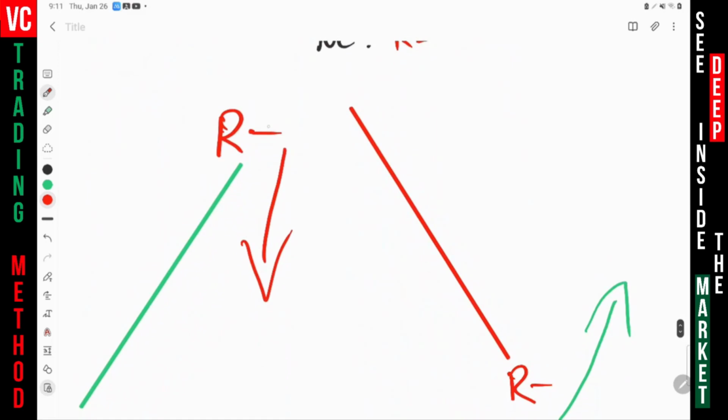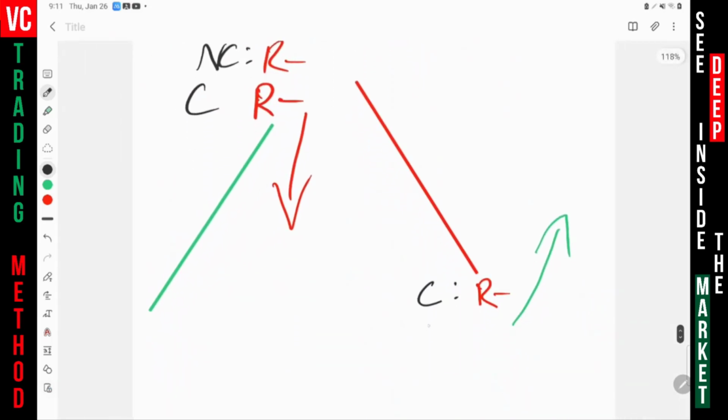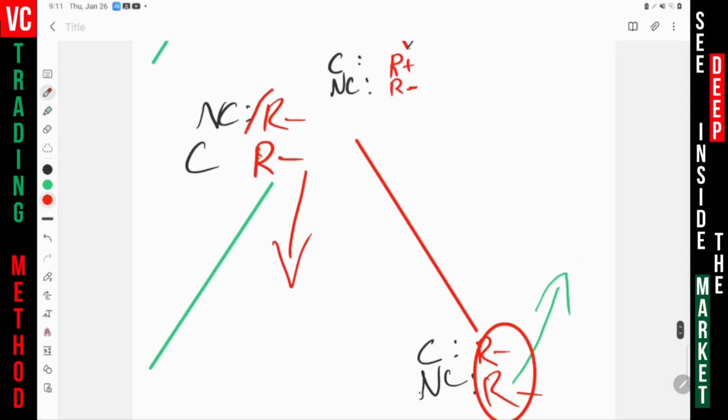Just like this is the continue comparison, and on the non-continue comparison it's negative here as well. Here, this is the continue comparison, and here on the non-continue comparison as well, the results are negative. So it means both our continue and non-continue comparison results are matching each other.